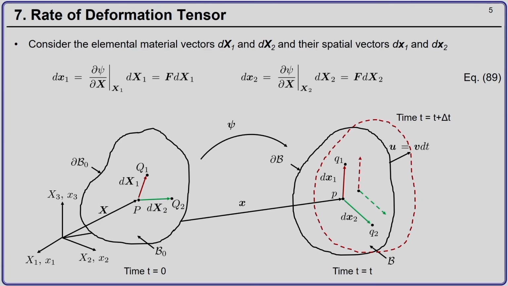So, you remember we have taken two material vectors dX1 and dX2 at point P, and we had observed how these material vectors deform to spatial vectors dx1 and dx2. So, we know that dx1 is F dX1 and dx2 is F dX2.